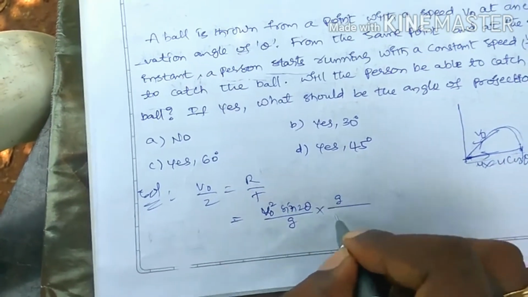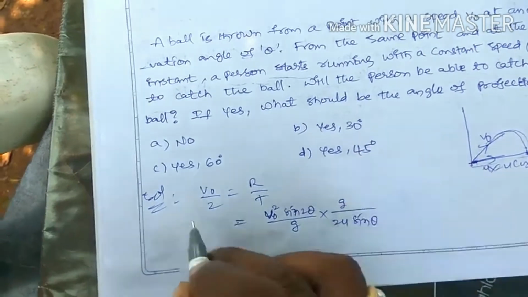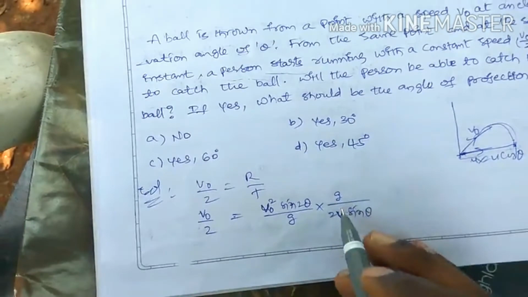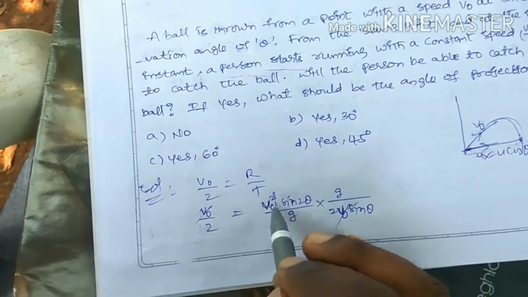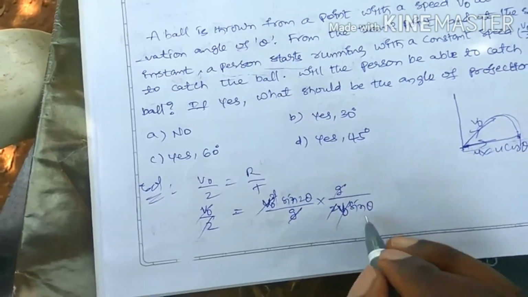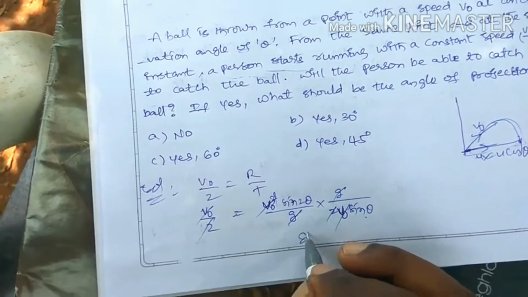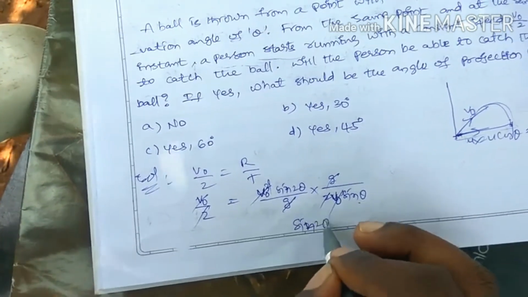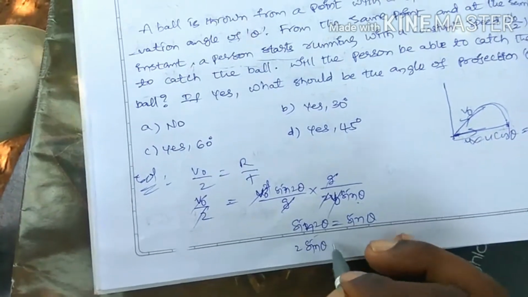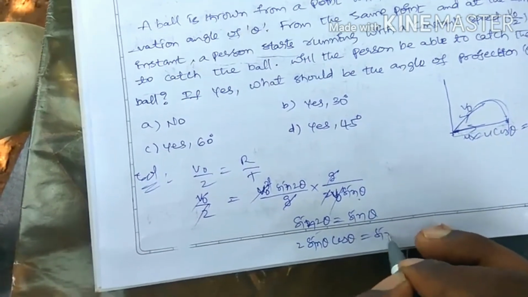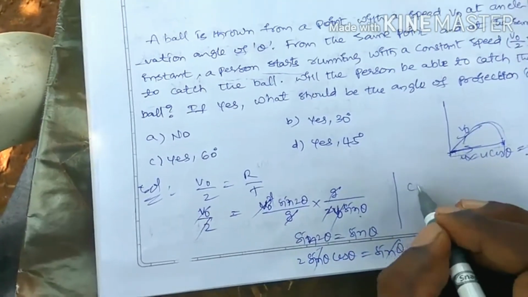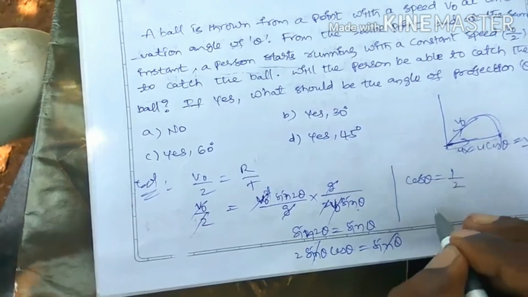So v0 square sin 2 theta by g, multiplied by g by 2u sin theta, is equal to v0 by 2, where u stands for v0. So v0 square will be cancelled out, v0 will be cancelled out, and 2 and g will be cancelled out. Then sin 2 theta is equal to sin theta. So sin 2 theta is equal to 2 sin theta cos theta, which is equal to sin theta. So sin theta cancels out, 2 cos theta is equal to 1, so cos theta is equal to 1 by 2.